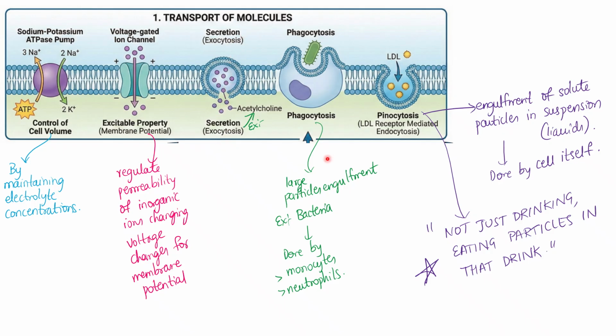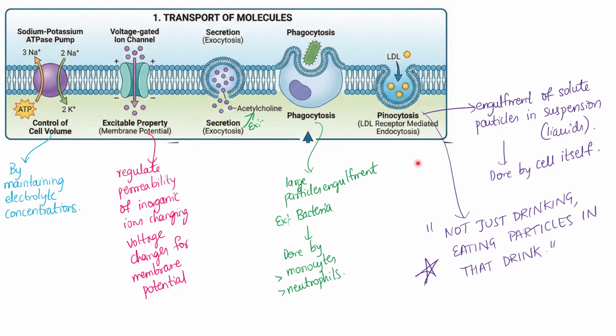Then phagocytosis, engulfment of large particles such as bacteria with the help of monocytes and neutrophils, is also taken care of by the plasma membrane. Then pinocytosis. There is a common understanding that it is only cell drinking, only water drinking.